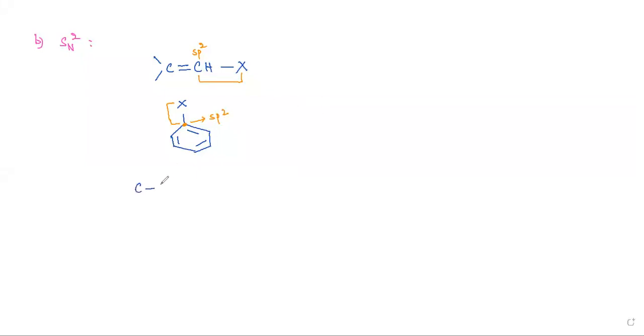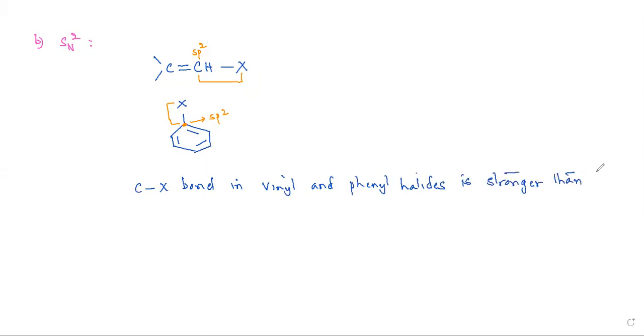The carbon halogen bond in vinyl and phenyl halides is stronger than the carbon halogen bond in alkyl halides.